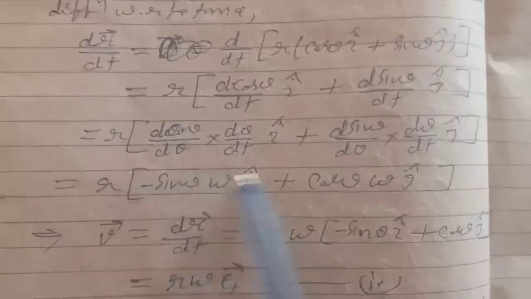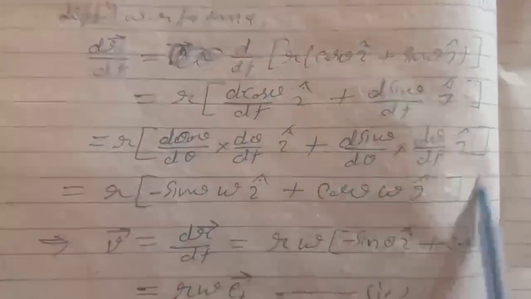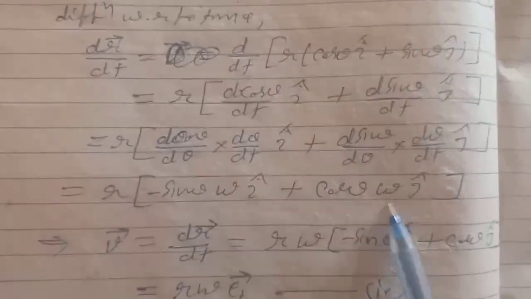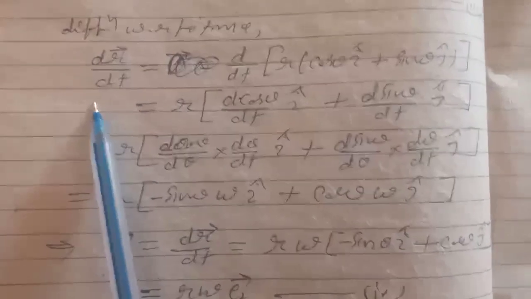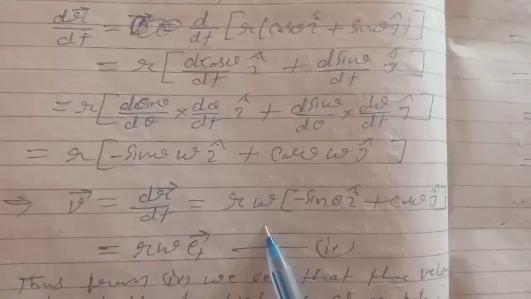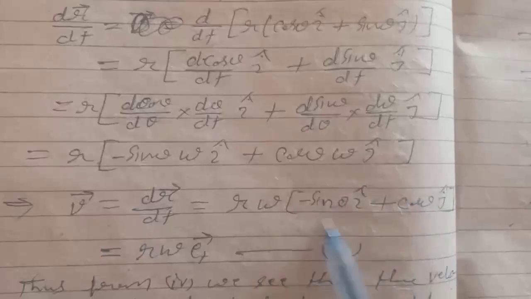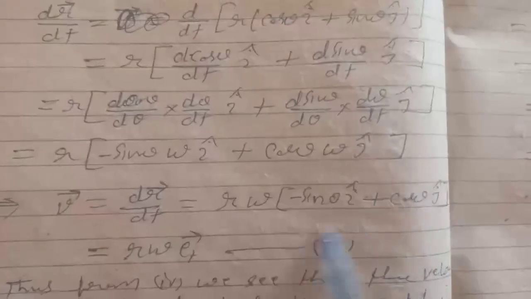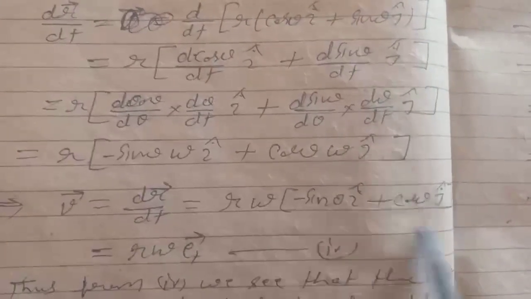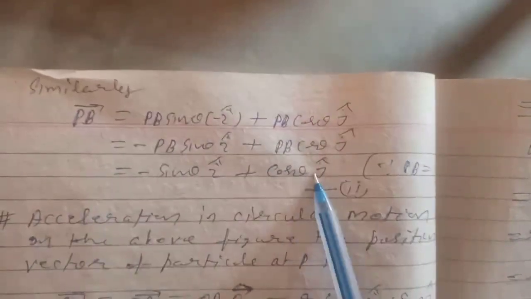So we have dr by dt equals r into (minus sin theta omega i cap plus cos theta omega j cap). And dr by dt is the linear velocity, so we can write v vector equal to dr by dt, or r omega into (minus sin theta i cap plus cos theta j cap), and this represents et cap, that is the tangential unit vector.